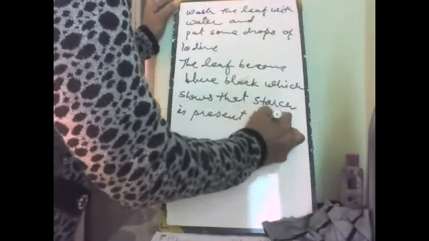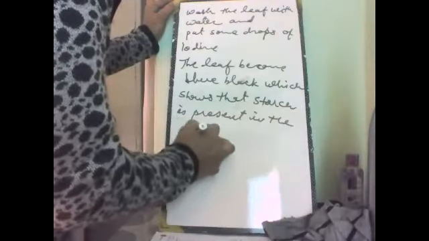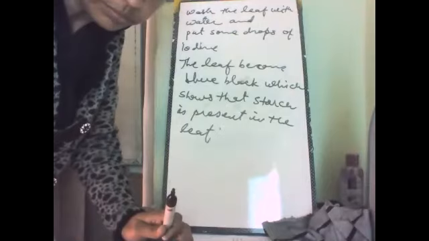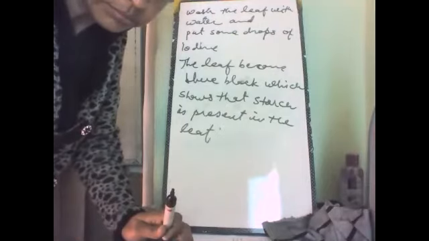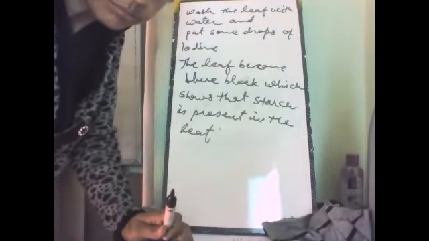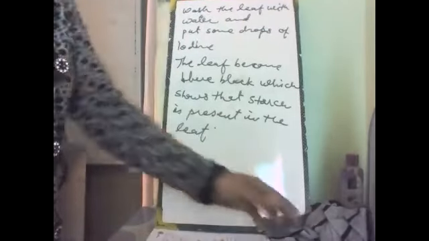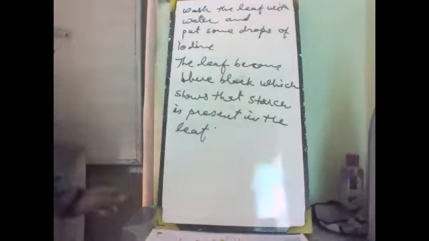Starch is present in the leaf. This is the process to prove that starch is produced during photosynthesis.